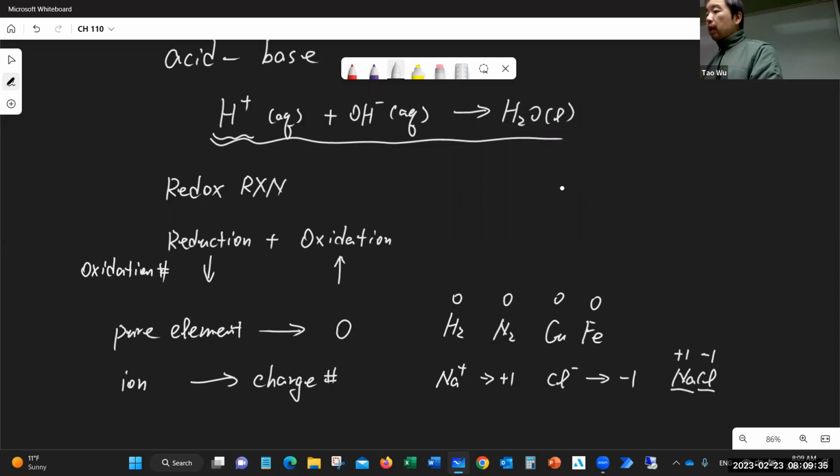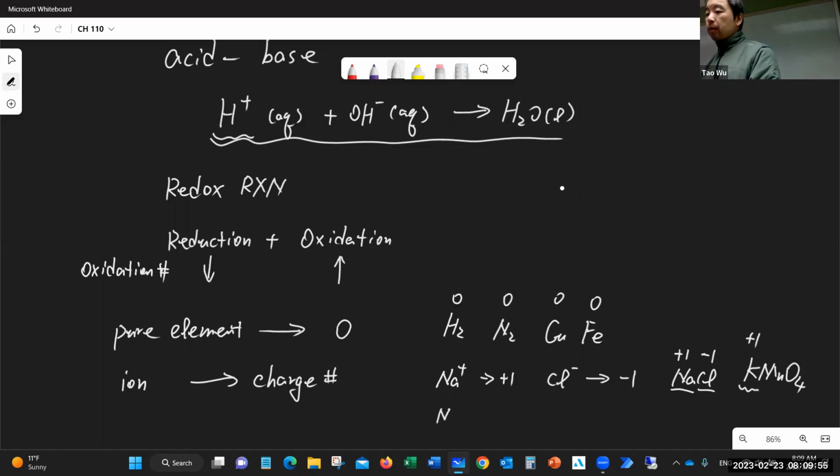Okay, yeah. And we also talked about potassium permanganate. Although you don't know the oxidation number for manganese, at least you know the oxidation number for potassium, right? Potassium is a 1A group, so this is +1.